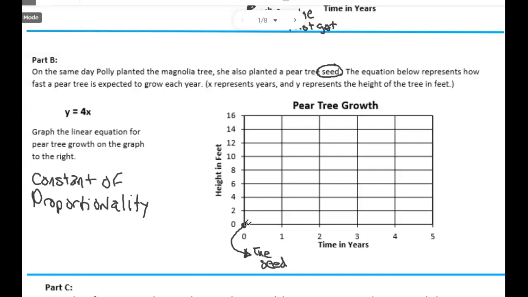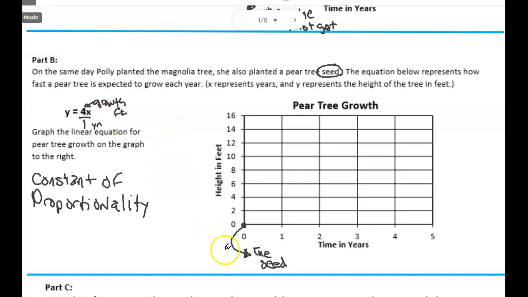And then what happens the next year? Oh my goodness. The next year. Okay. So x equals the year and then the growth. I think they said the growth was in what? Hold on for 1 second. The growth was in feet. Okay, so the growth was in feet. All right, so we got a unit rate, right? Because we have a year compared to a foot in that situation.